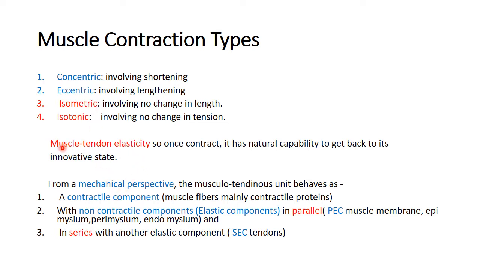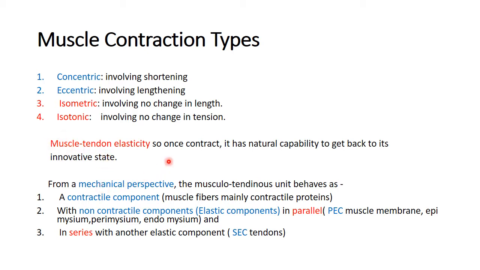Now, this is the quality of the muscle tendon, that it is an elastic tissue. So once it contracts, it has a capability to get back to its original state. So elasticity is the main point which we have to emphasize here, that it is present in the muscle tendon components.